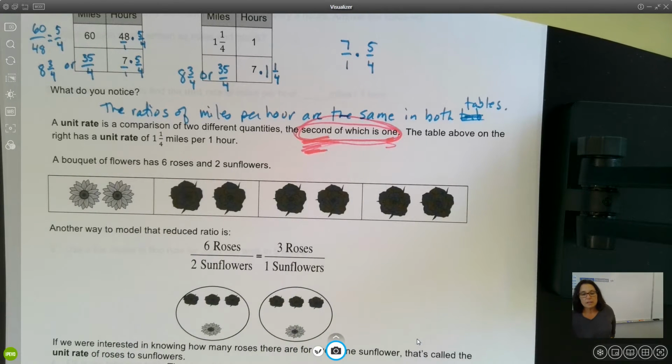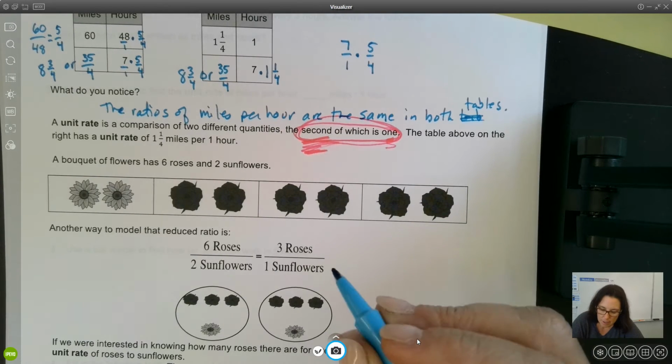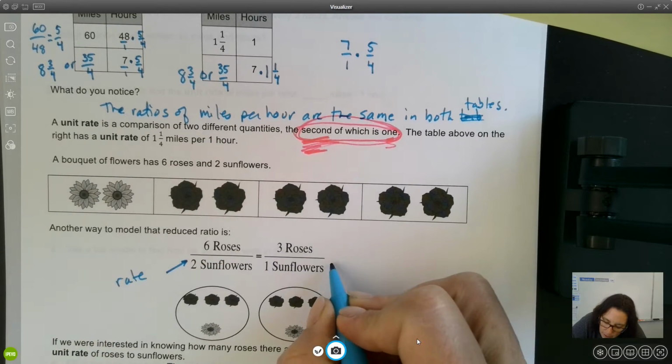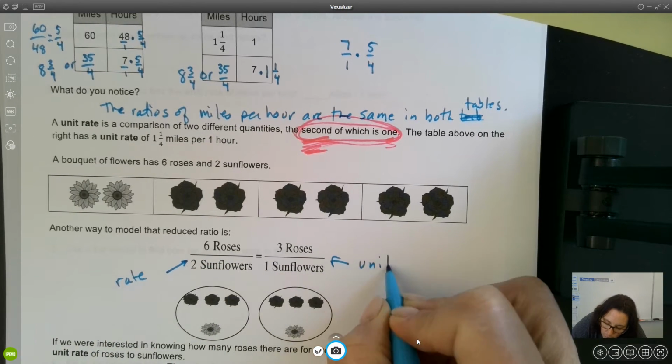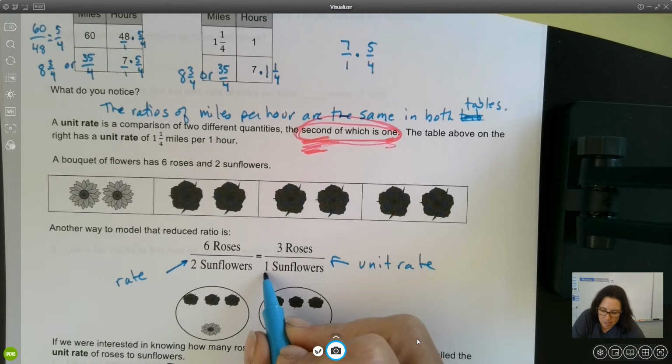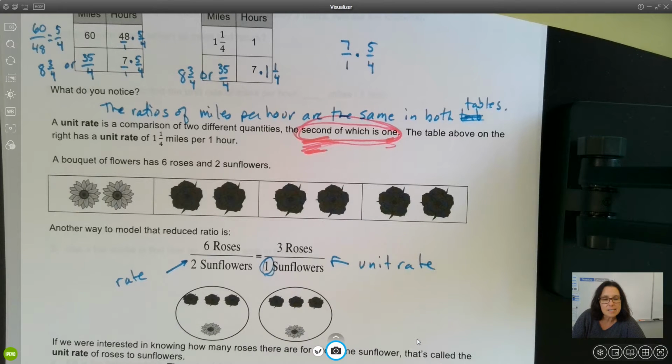And that is from 5.1a. So this is a rate. This is a unit rate, hence the 1 in the second thing on the bottom.